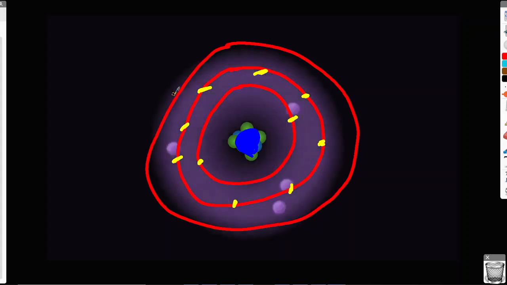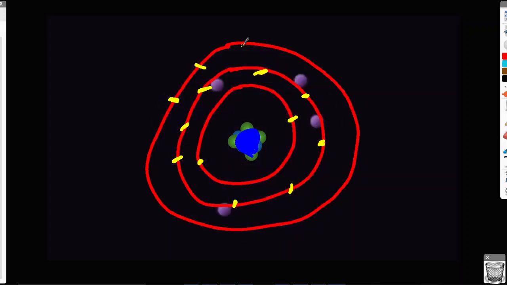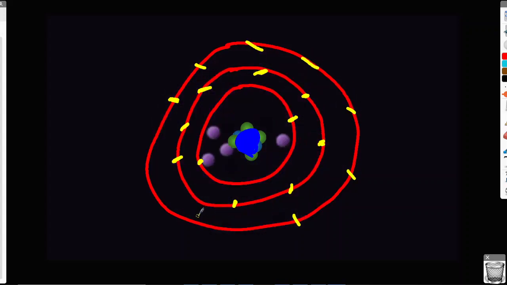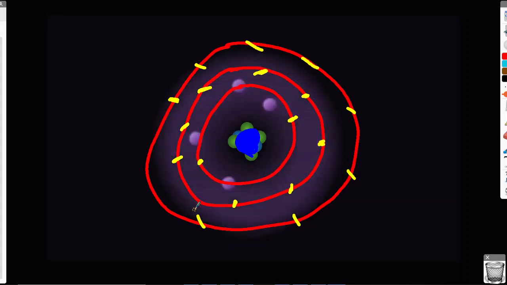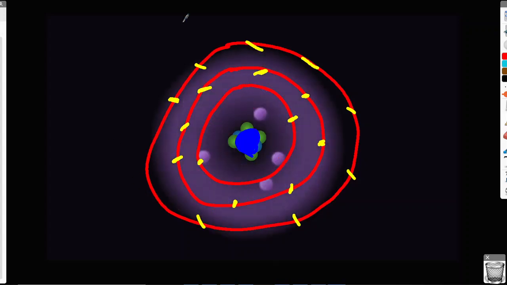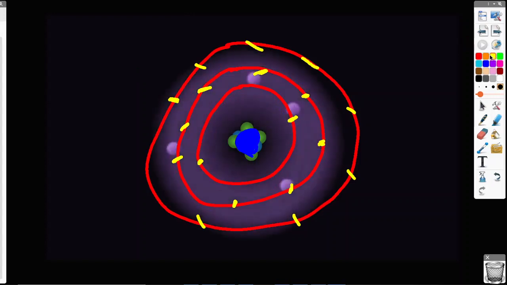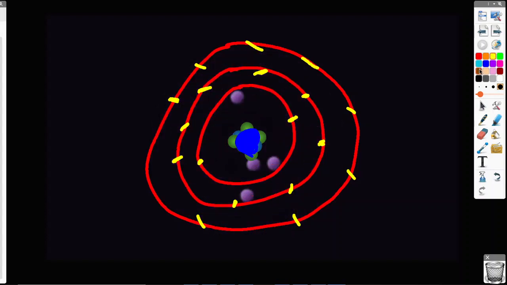In the third orbit, we have another 8. And then if we were to add another orbit, we then have 18. And the numbers keep getting higher. We don't really know why. And obviously we can have less than that, but that's the max we can hold in any single orbit.